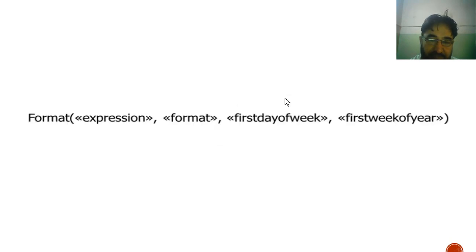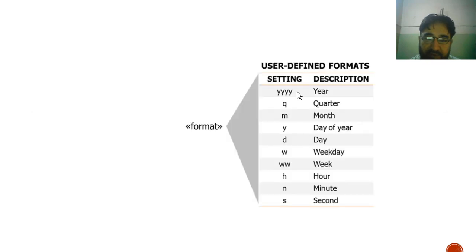If we look at the format, we can change the year to Y, and Q is for quarter, M is for displaying month, Y is to format a day of year, D is day, W is weekday, WW is week, H is hour, N is minute, S is second. So these are the formats that we can use with the date function.